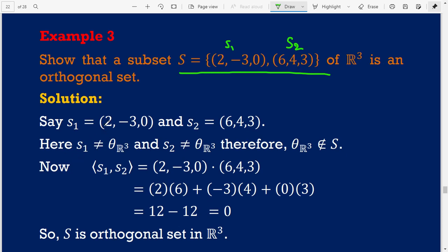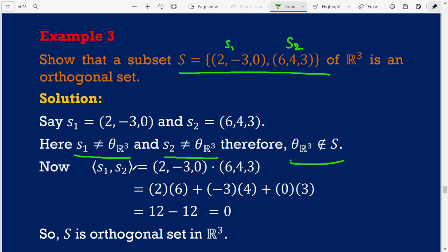So here S1 and S2 are not 0 vector in R3. Therefore, the first condition, 0 vector does not belong to this subset, is satisfied.